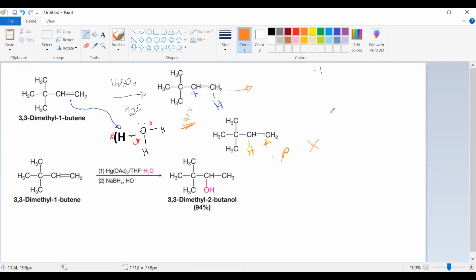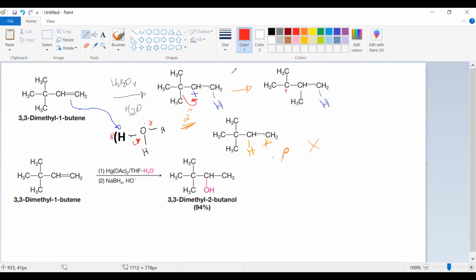Now there is a possibility of rearrangement in such a way that you will get a methyl shift. See, the methyl here will attack the positive carbon, and it becomes positive here.